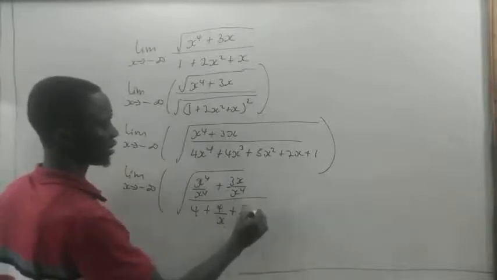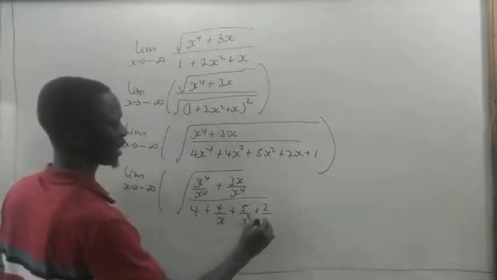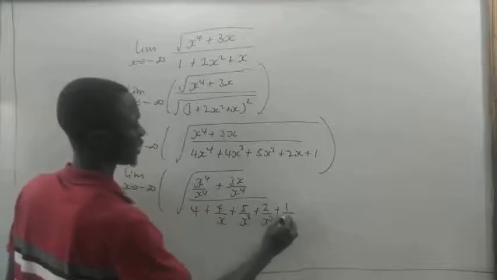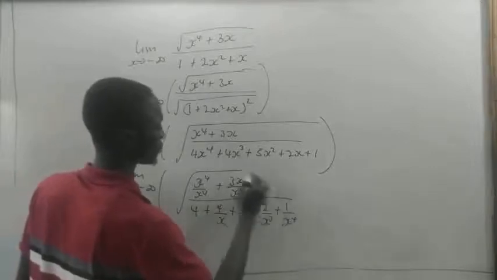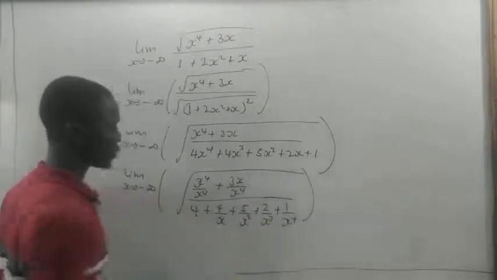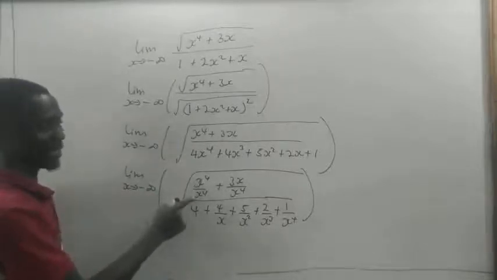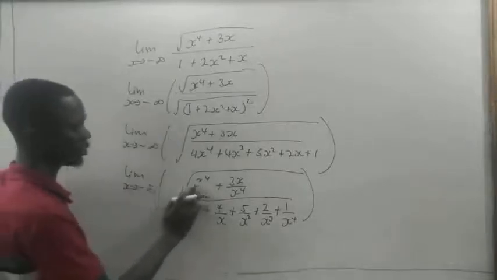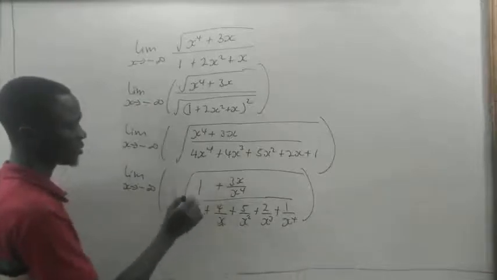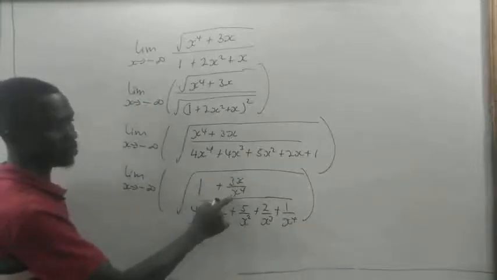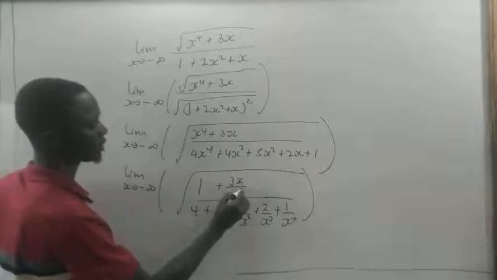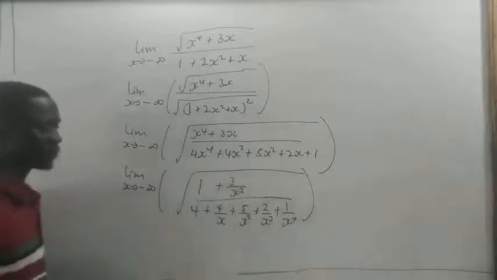If you divide it by x to the power 4 you have 2 divided by x cubed plus 1 divided by x to the power 4. Now x to the power 4 divided by x to the power 4 is 1. X divided by x to the power 4, you have x to the power 3.